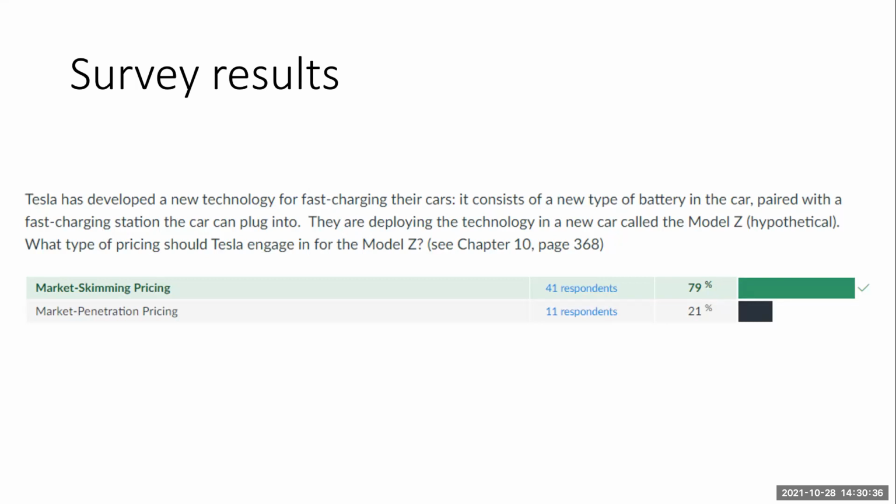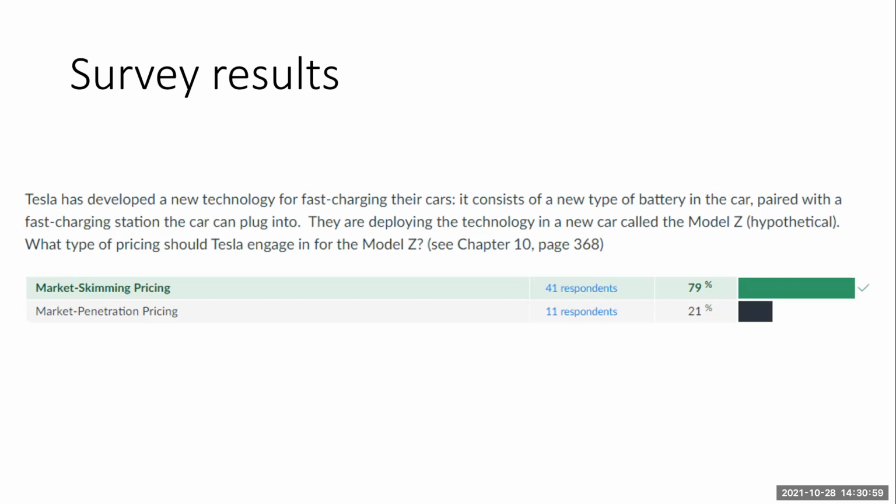I was thinking we could use Model Z as their new entry-level electric vehicle, and we'd use a low price to take the market, and after we have really good growth, then we start to raise the price.